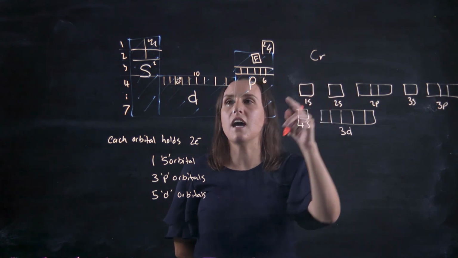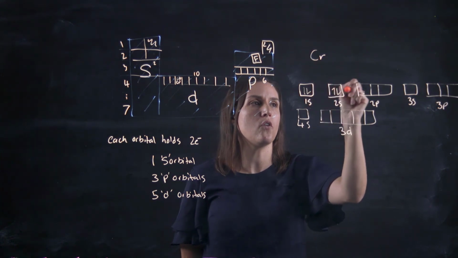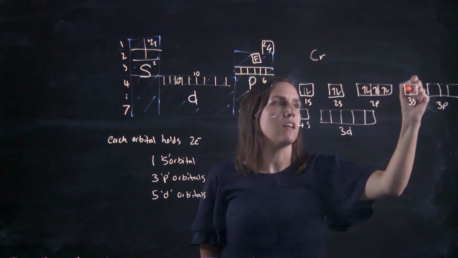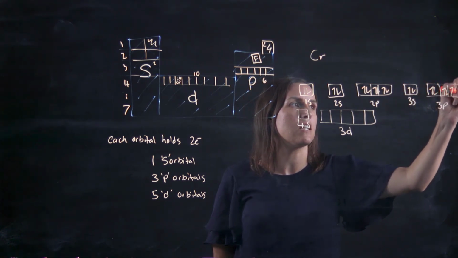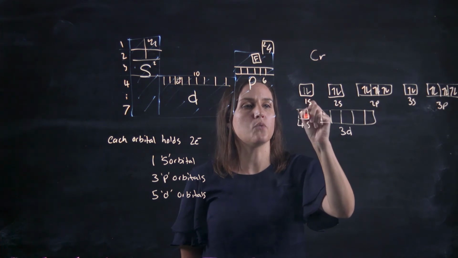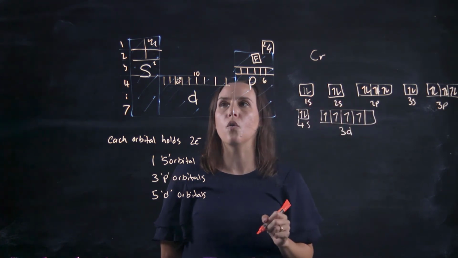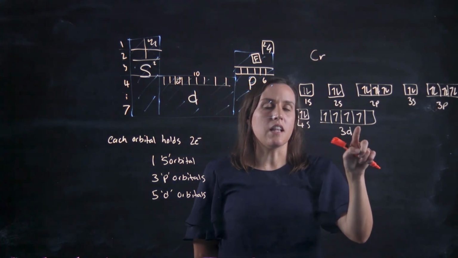So let's look at Cr. There's 24 electrons. So it's 1, 2, 3, 4, 5, 6, 7, 8, 9, 10, 11, 12, 13, 14, 15, 16, 17, 18, 19, 20, 21, 22, 23, 24. So it sits like this.